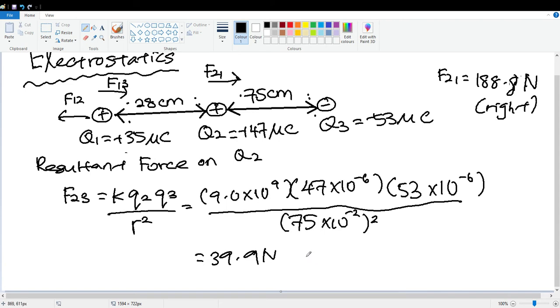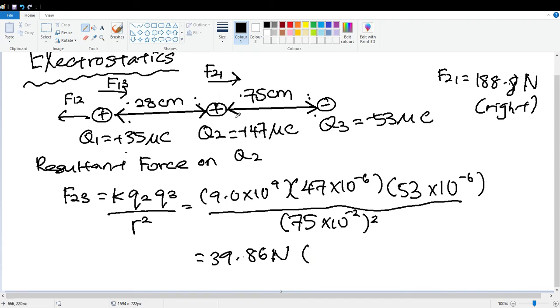Sorry, I should write it in the form of 4 significant figures: 39.86 Newton.